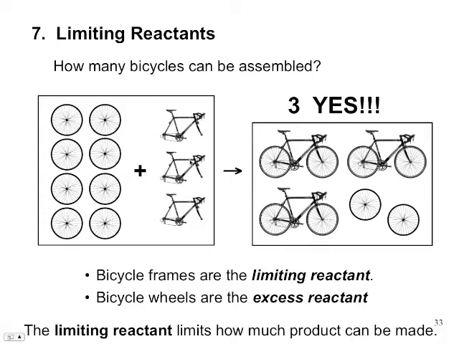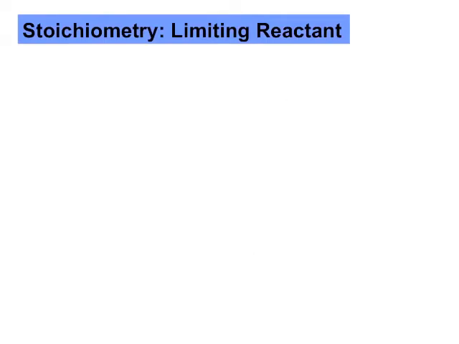We were limited by the number of frames. Once you identify the limiting reactant, we use that quantity to determine how much product we can make. So it's very, very important when addressing that type of question. So we're going to look at this now.